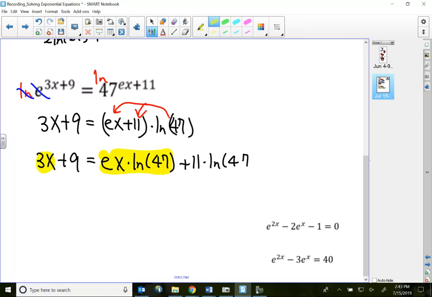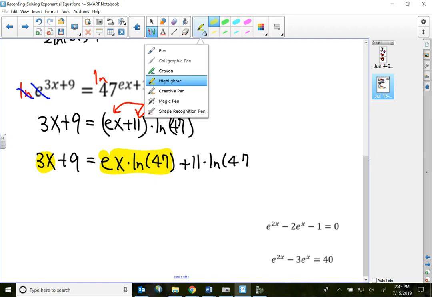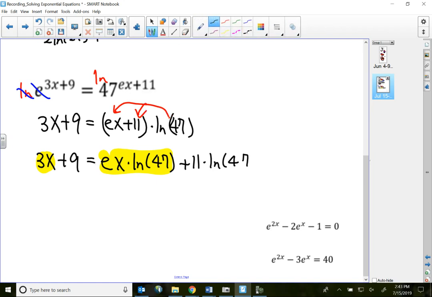Just like the previous problem, this is a variable term, and so is the 3x. So I'm going to move my 3x to the right. That will give me e times x times natural log of 47 minus 3x. The 9 is still 9, and the positive 11 natural log of 47 comes over and becomes negative 11 times natural log of 47.